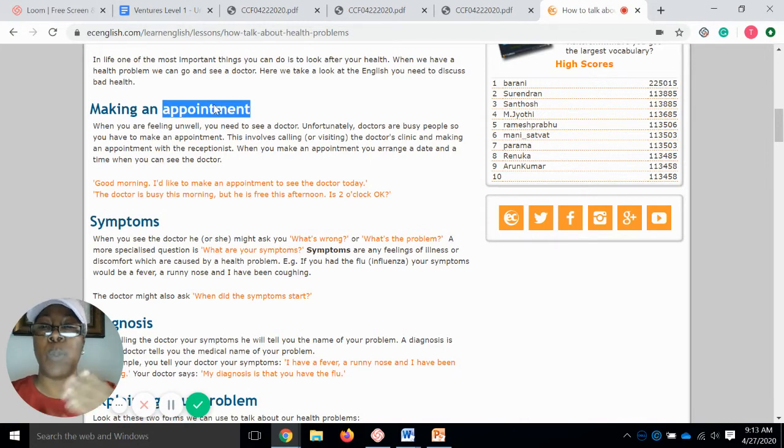It is when you set aside time to meet with someone. In this case, you're going to make time to meet with your doctor. The reason you have to make an appointment is because doctors are busy people. So you call their office, the clinic, and you make an appointment.